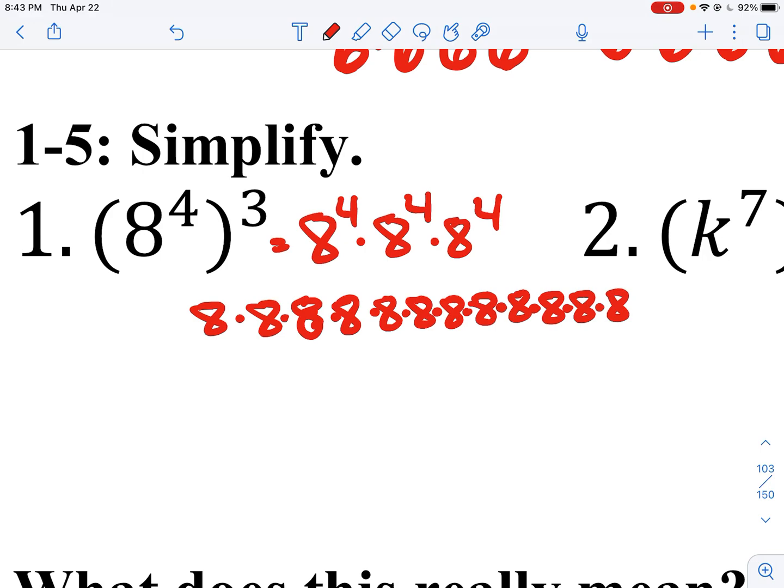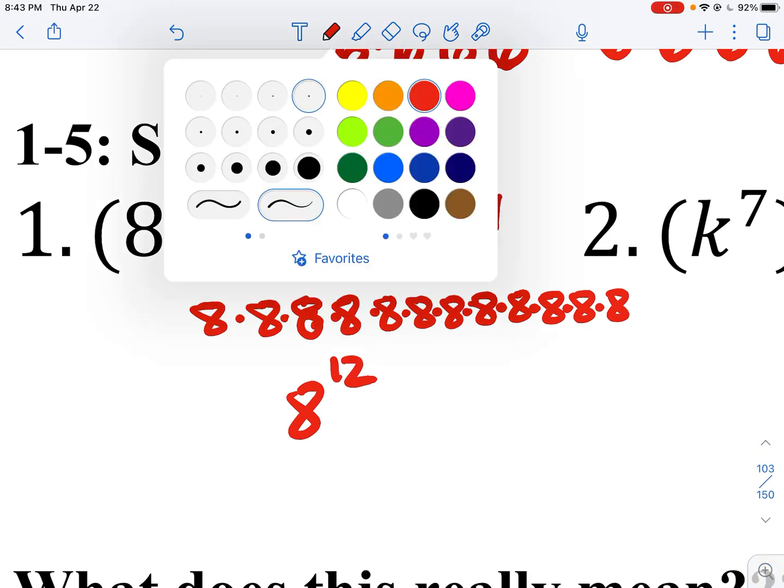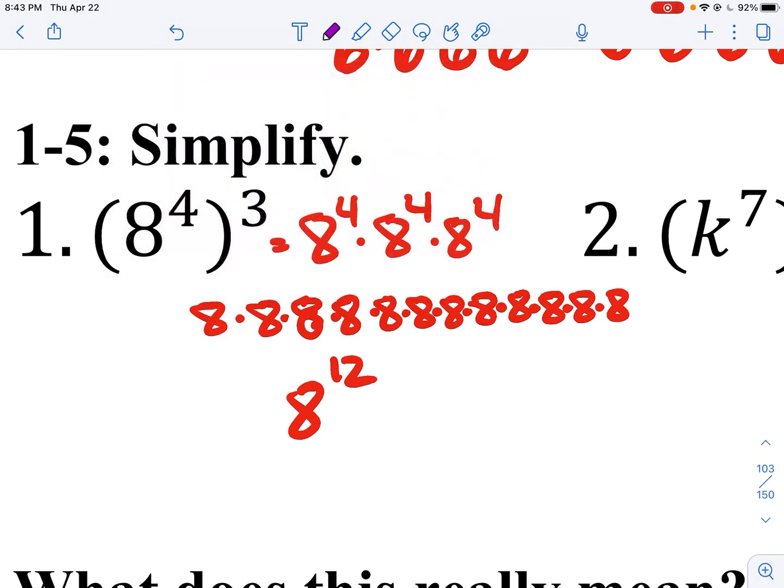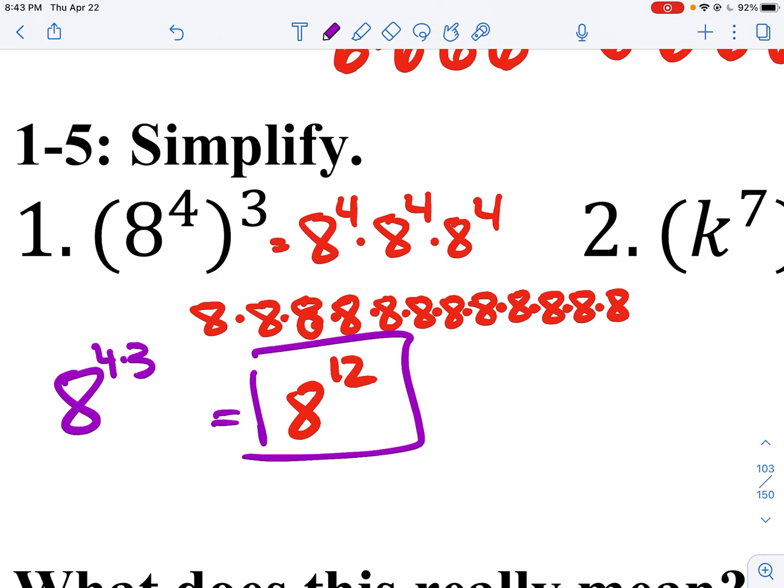That would get me 8 to the 12th power. If I went by the property, I would multiply 4 times 3, and those are equal to each other.